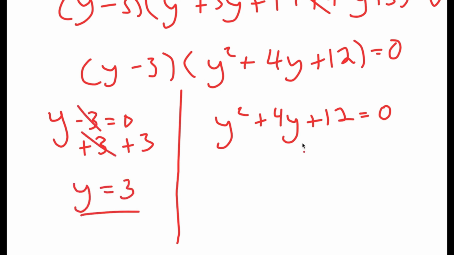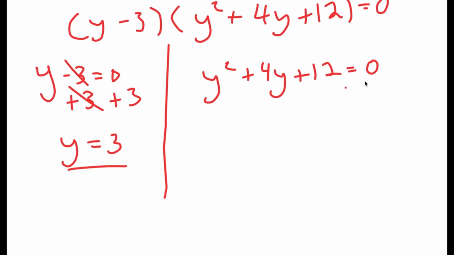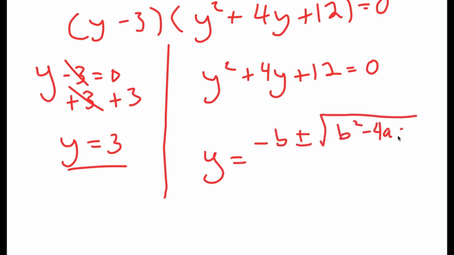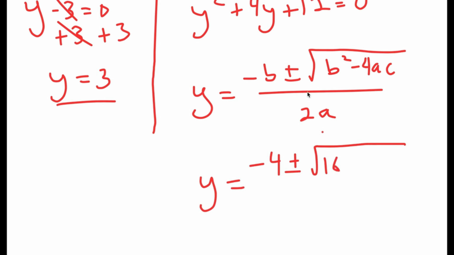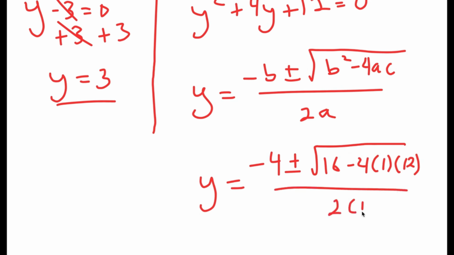So this is one solution of y. And now for y squared plus 4y plus 12 equals 0, I can use the quadratic formula, which is negative b plus or minus the square root of b squared minus 4ac all over 2a. So this turns into y is equal to negative 4 plus or minus the square root of 16, which is 4 squared, minus 4 times a, which is 1, times c, which is 12, all over 2a, so 2 times 1.